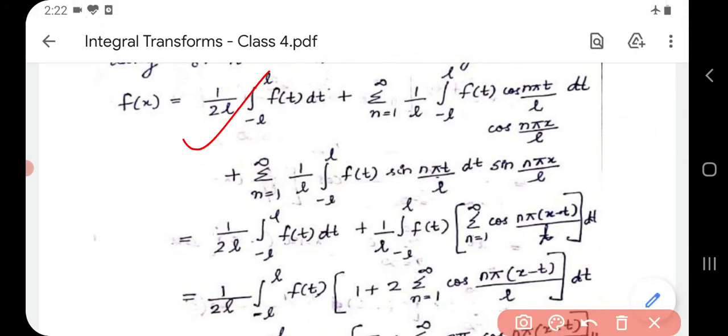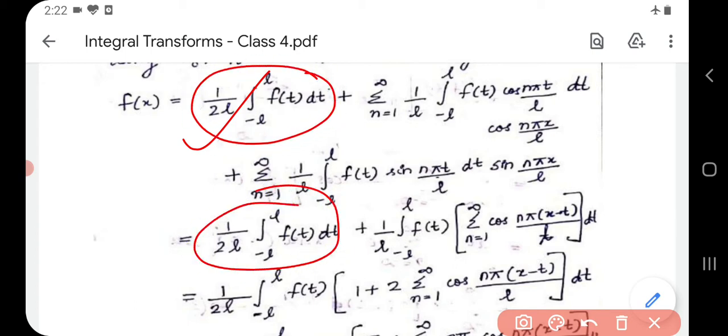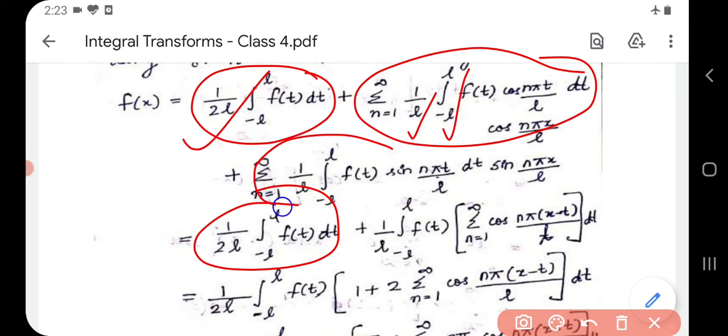Now here what they have done is, this term is kept as such. Then they have taken the common term, that is 1 by L integral from minus L to plus L f of t, since that particular term is common in both.